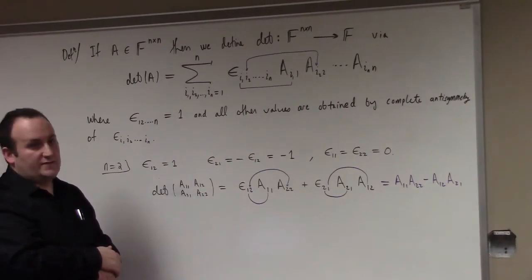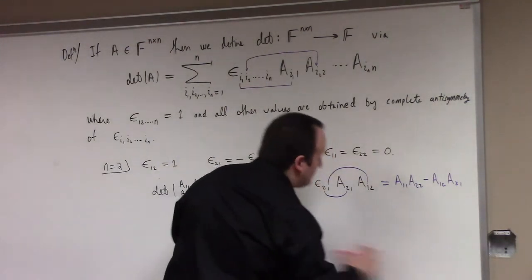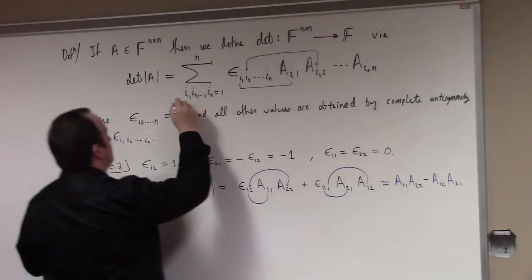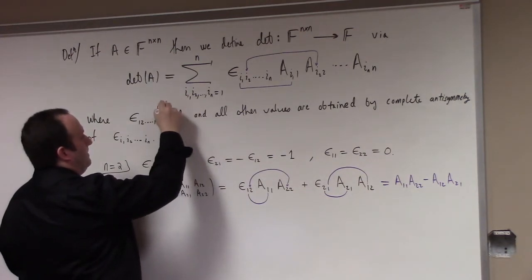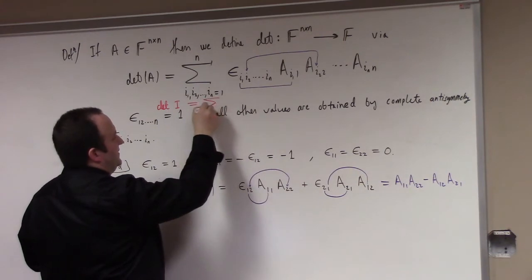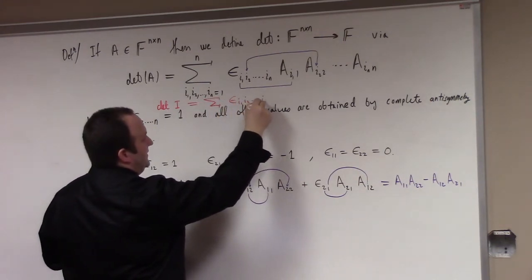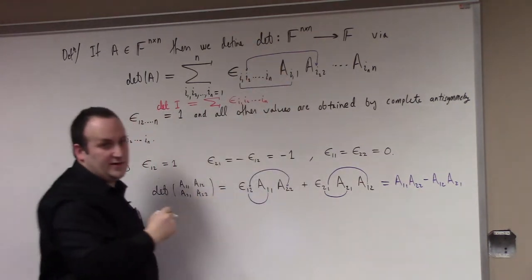What would happen, for example, if I put in the identity matrix? If I look at the determinant of I, how would that work out? So we'd have the sum over all those indices, epsilon i_1, i_2, ..., i_n. And what are the components of the identity matrix?